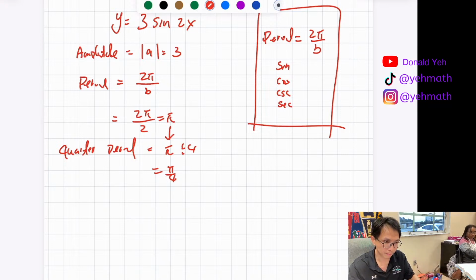You take the period and divide by 4. So if the period is pi over 2, then it's going to be pi over 8. Is that okay?